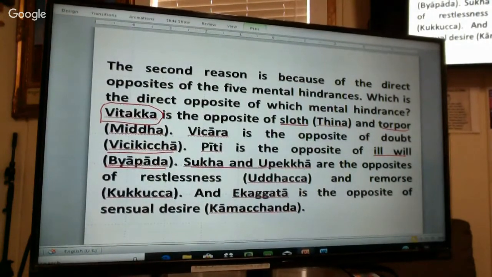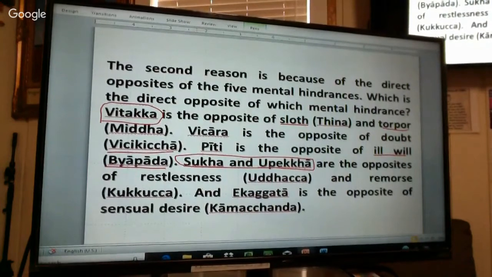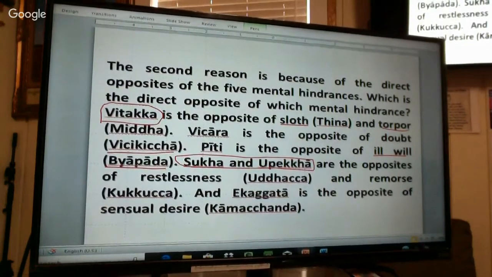And then Sukha and Upekkha are a kind of feeling, the feeling aggregate, vedana khanda. They are opposed to restlessness and remorse, Uddhacca and Kukkucca nivarana.